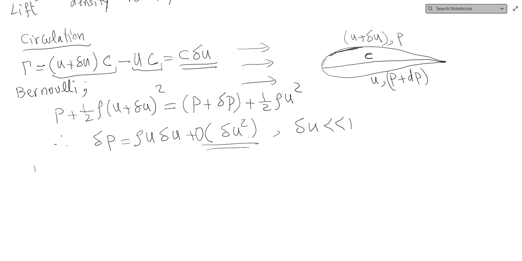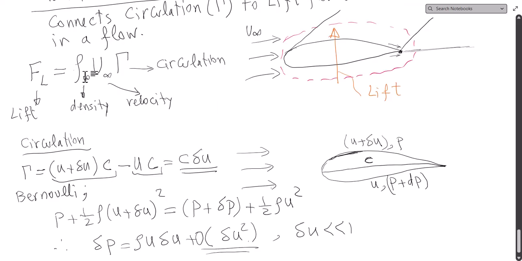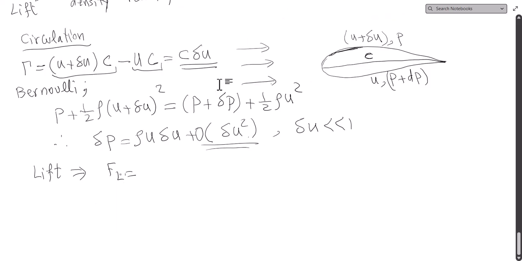Now lift, as we said here, lift is rho u gamma. Let me write it again.